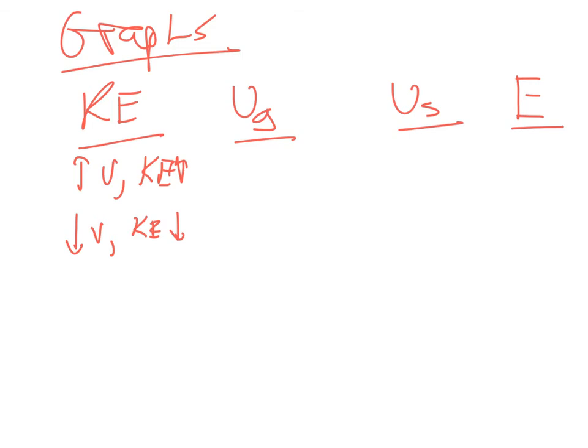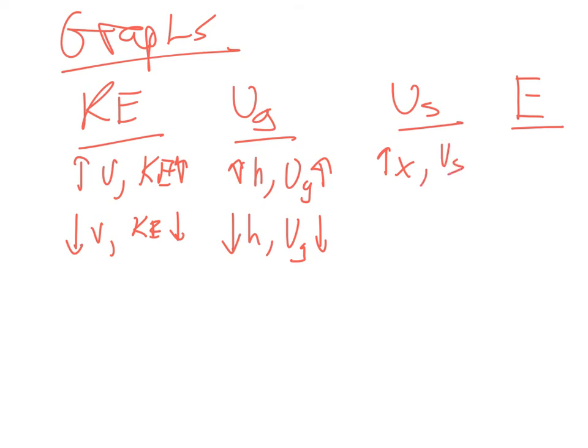For gravitational potential, if we increase our height, then our gravitational potential increases. And if our height decreases, then our gravitational potential also decreases. For springs, if the distance away from the equilibrium position increases, then our spring potential increases.